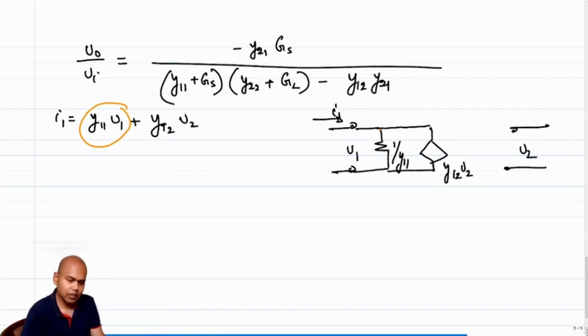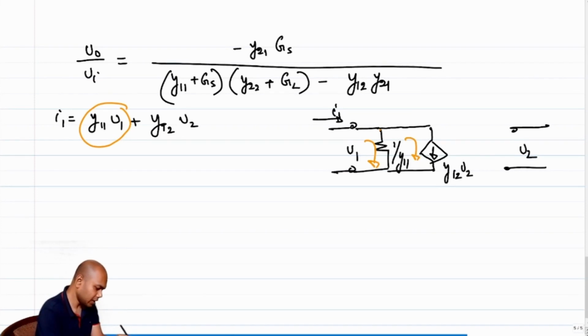What will be the direction of the current, going up or going down? This will be going down, because ultimately I1 is the current through this plus the current through this, right?